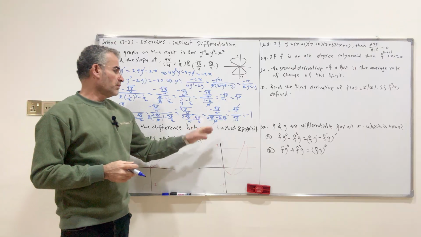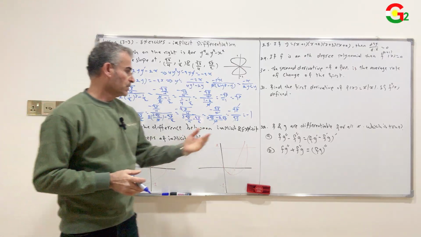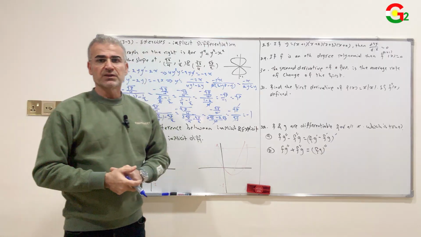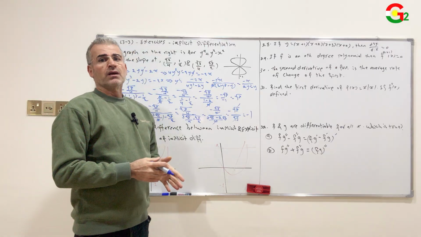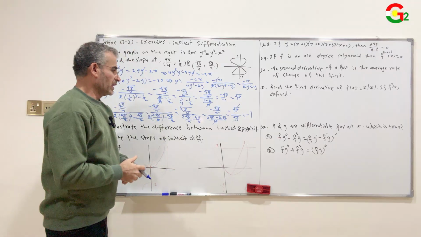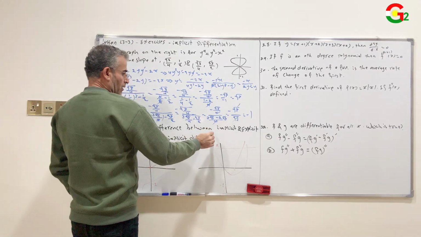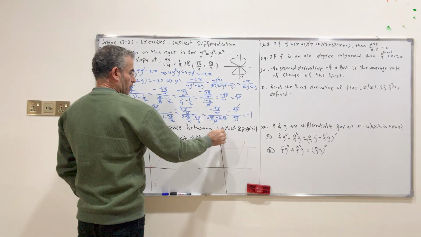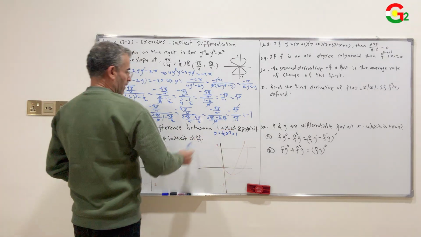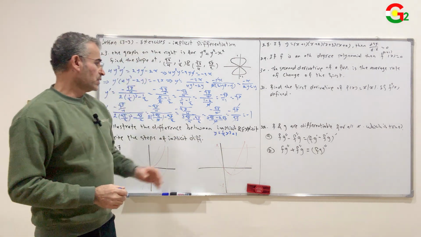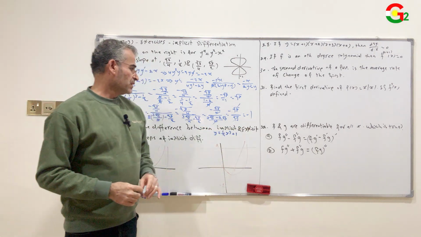Explicit differentiation is used when we can set y as a function of x, for example y = 1 over 2x^3 + 1.